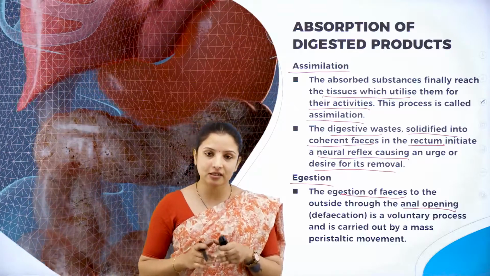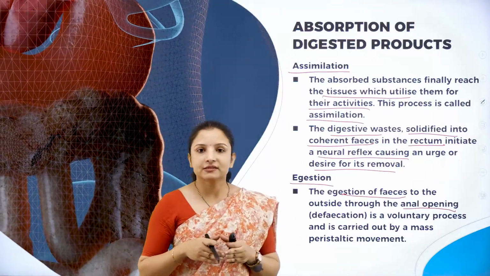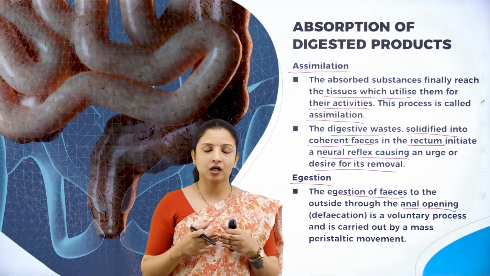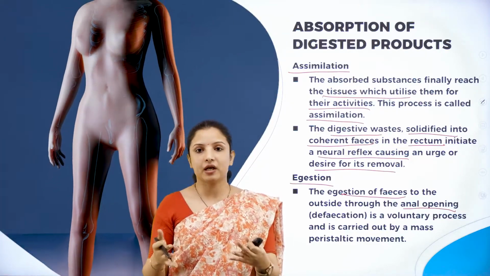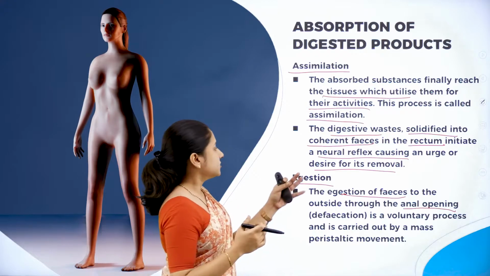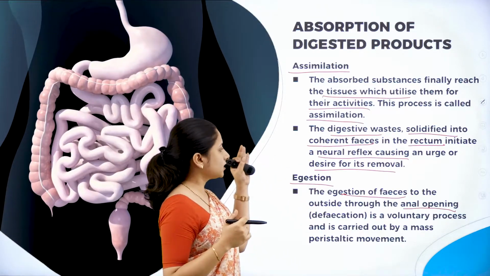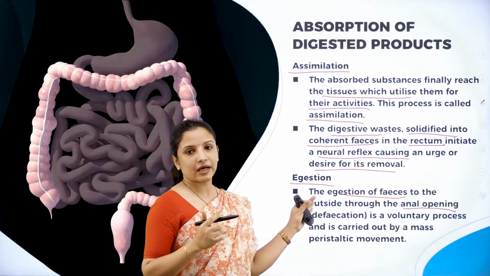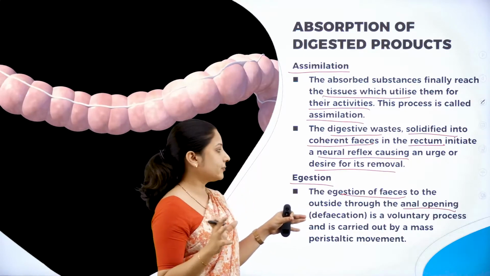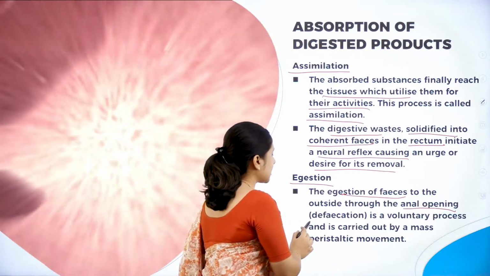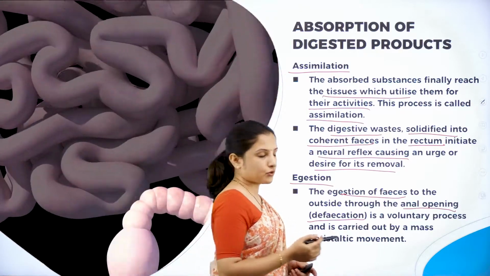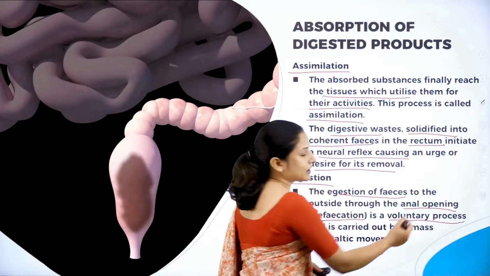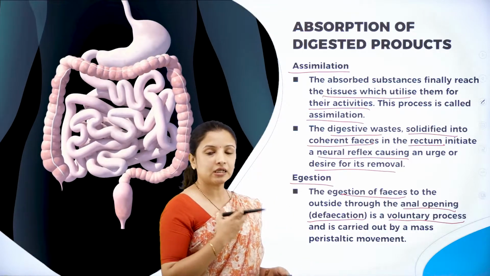And once the excreta gets stored, a neural reflex signal will occur which will make us feel that we need to go and eliminate the waste product outside. So the elimination of feces to the outside will occur through the anal opening, and this particular process is called defecation, and it is a voluntary process, right? It is not involuntary. It is under our will. It is under our control.